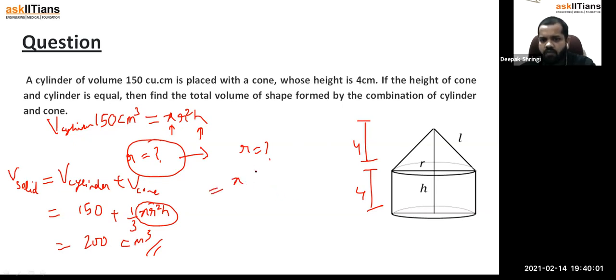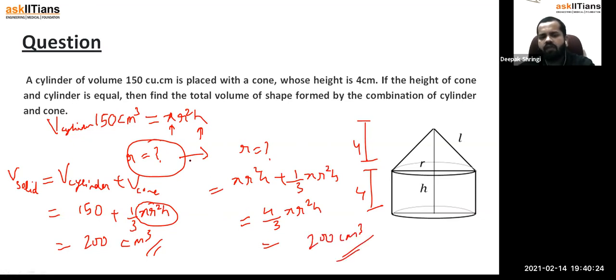The volume of the cylinder is pi r square and the volume of the cone is 1 upon 3 pi r square. Take out pi r square common. 1 plus 1 by 3 will be 4 by 3. Just 4 by 3 of pi r square. You know the value of pi r square is 150. Then 150 upon 3 will be 50, and 50 into 4 will be 200 centimeter cube. So you do not need to find the value of r.